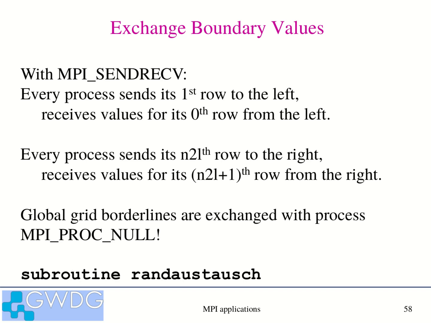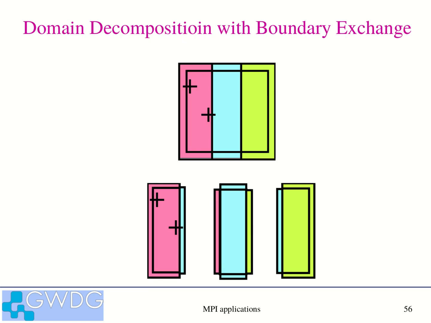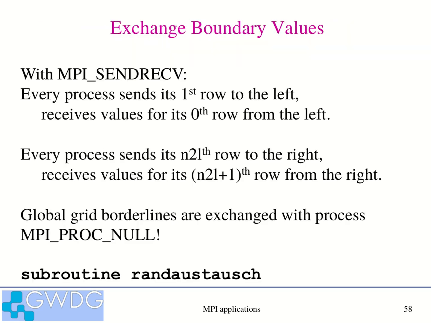I think I mix up the row and columns, excuse myself. I think these are columns which have to be exchanged. So excuse my mistake. This must be read columns always.